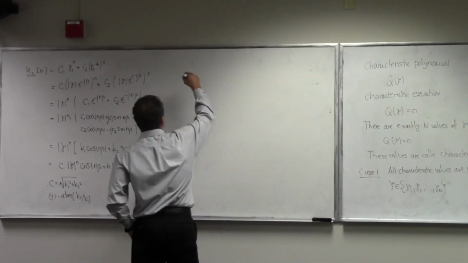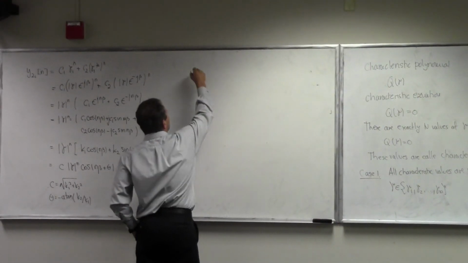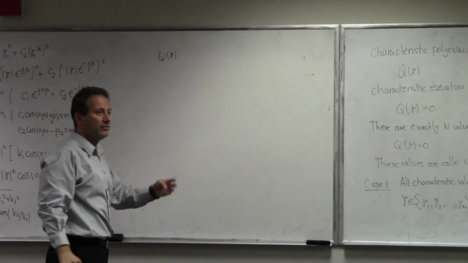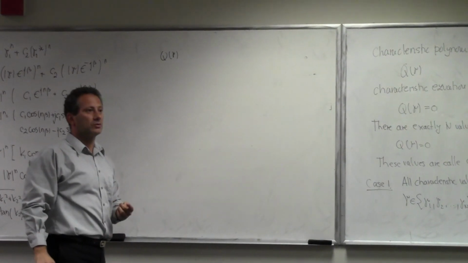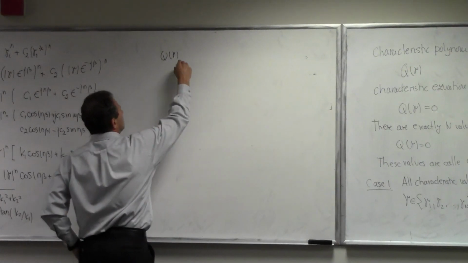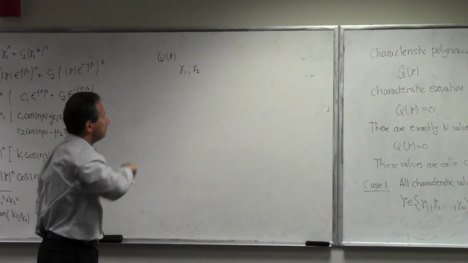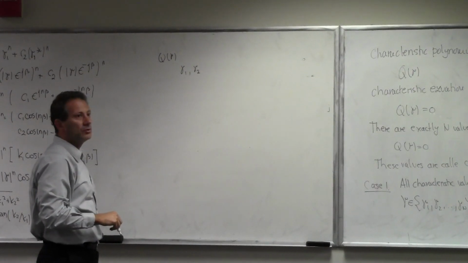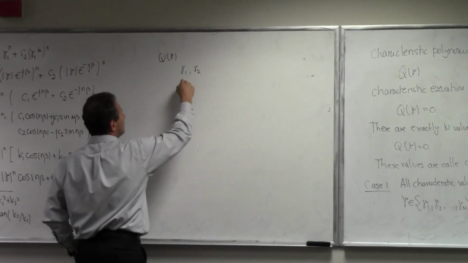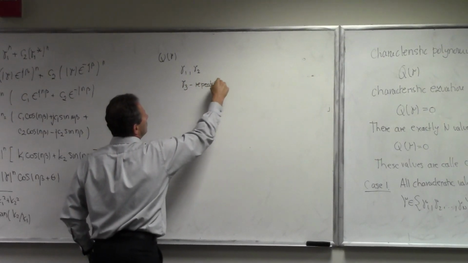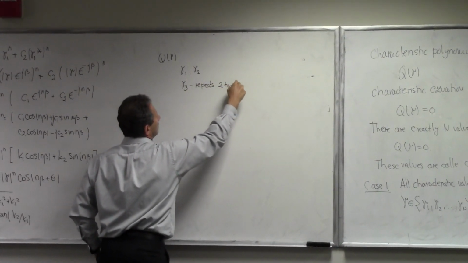So here's what his question is. I solved Q of gamma, and I came up with six roots. Two of them are distinct: gamma 1 and gamma 2. Gamma 3 repeats 2 times, right?